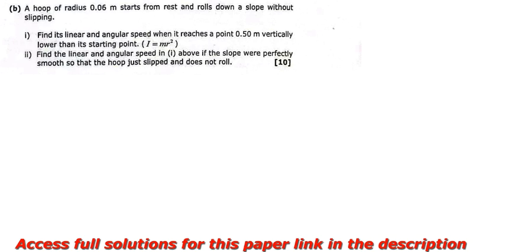Now I want you to understand one thing. Let's come up with an incline. On this incline, we have been told that the distance here is 0.5, the h meters.